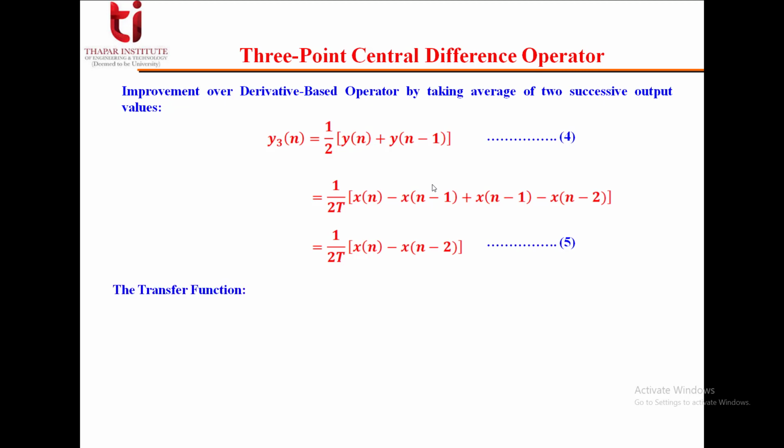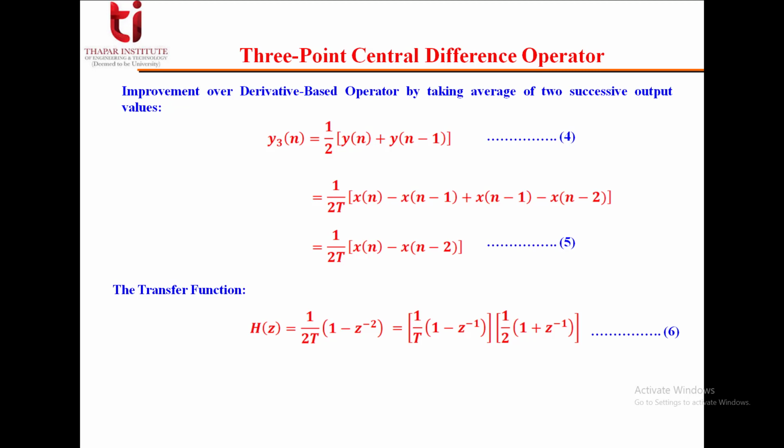How can we obtain the transfer function? Again by changing this into the z domain, so it will give Y(z) by X(z), that is H(z), which will be 1 by T, (1 minus z inverse) into 1 by 2, (1 plus z inverse). If you see this equation number 6, you can see that it is a cascade of two separate filters.